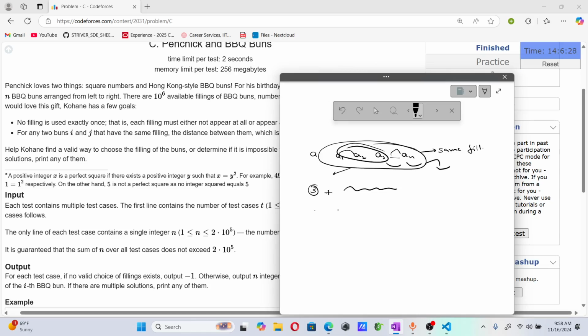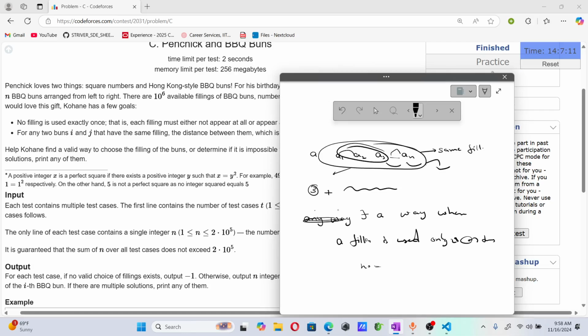So my claim is that there exists a way where a filling is used only twice or thrice, no more, no less.